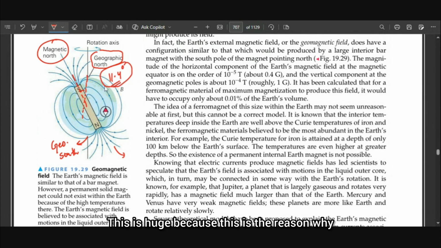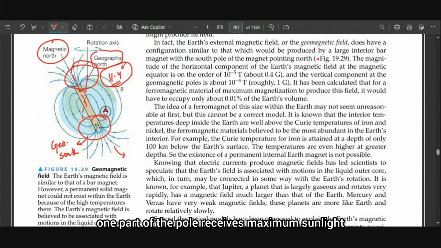This is huge because this is the reason why one pole receives maximum sunlight for 6 months, whereas in another 6 months, the other pole receives the maximum sunlight. For 6 months, the sun never sets on one pole, and for the other 6 months, the sun never sets on the other pole.